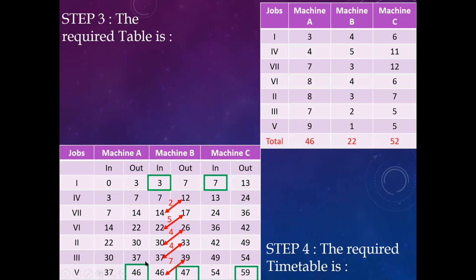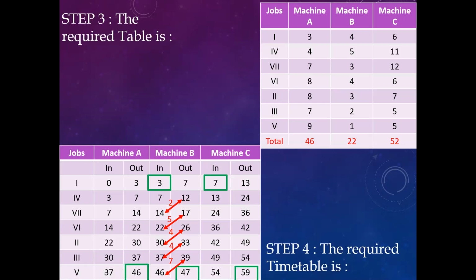For machine C it will be only 7 hours. And in case of machine B, listen to the technique very carefully. It is 3 plus 2 plus 5 plus 4 plus 4 plus 7 plus the difference of these 2 boxes as well. That is 59 minus 47.